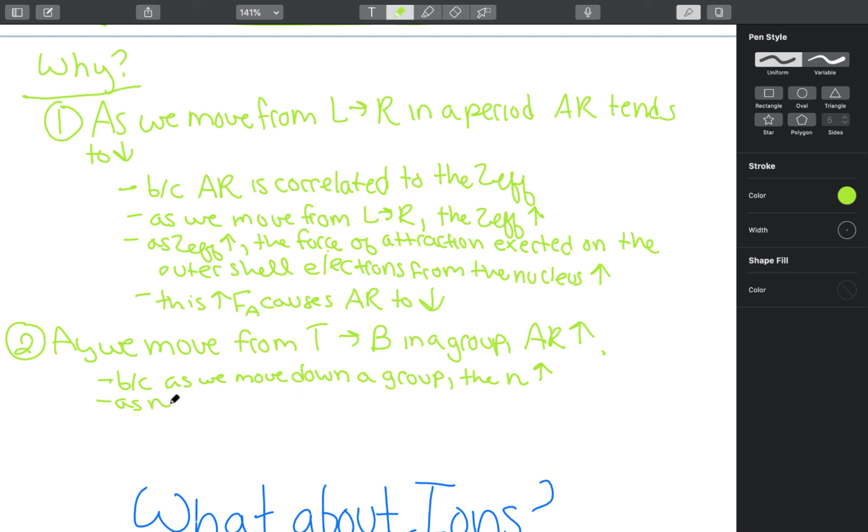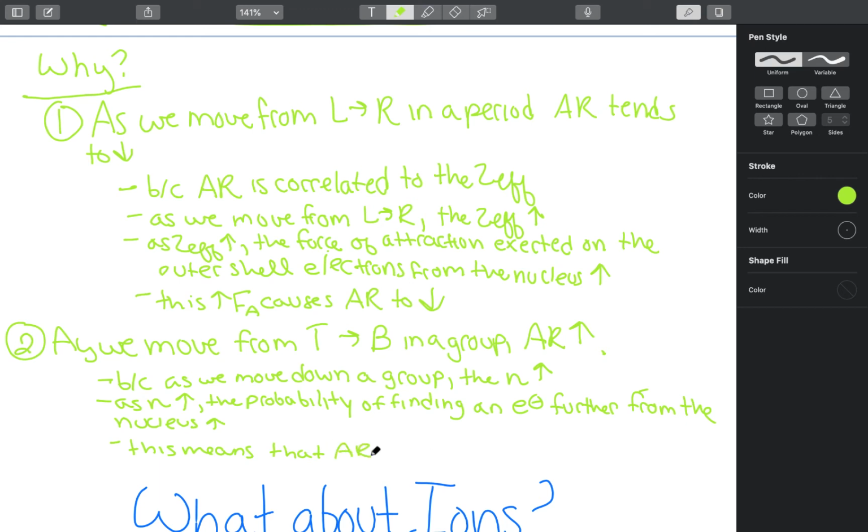And as the principal quantum number increases, the probability of finding an electron further from the nucleus increases as well. So this means that atomic radius increases as we go down a group.